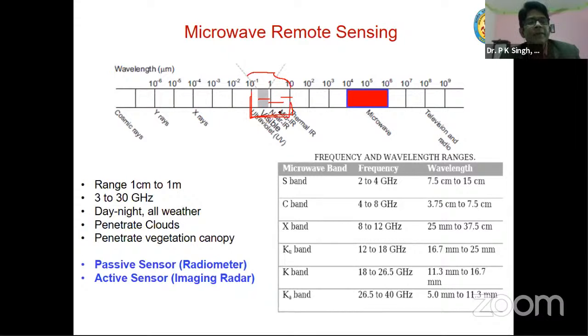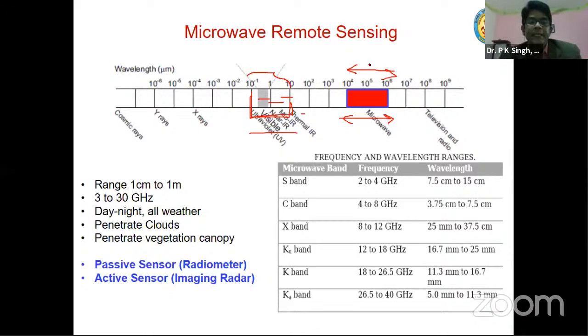Spectral band means the wavelength zone, from this wavelength to this wavelength. Most multispectral bands use only this zone, but other types of remote sensing also exist, like microwave remote sensing, in which the wavelength is from 1 millimeter to 1 centimeter to 100 centimeter, then it becomes microwave remote sensing.